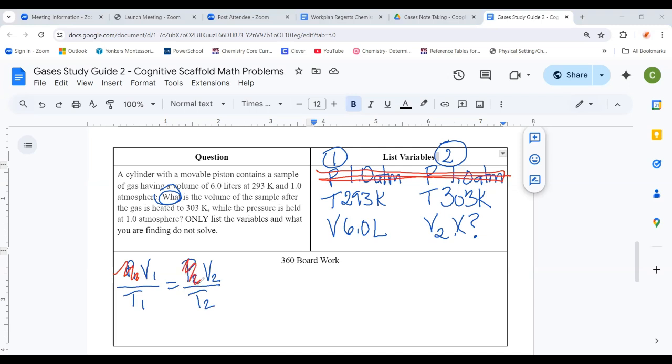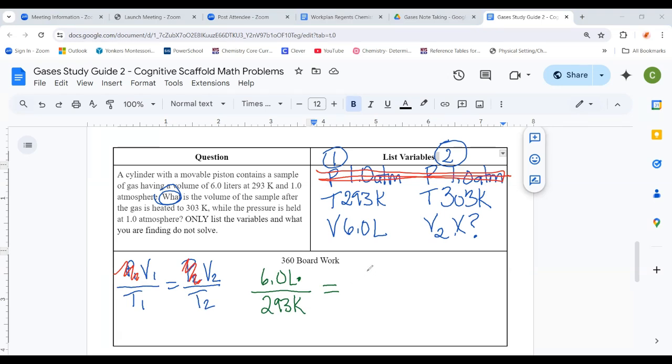I'm going to go ahead and substitute in. So volume 1, 6 liters, over temperature 1, 293 K, equals. Now I've got two fractions set equal to each other. So this is when it becomes possible for you to go ahead and cross multiply.